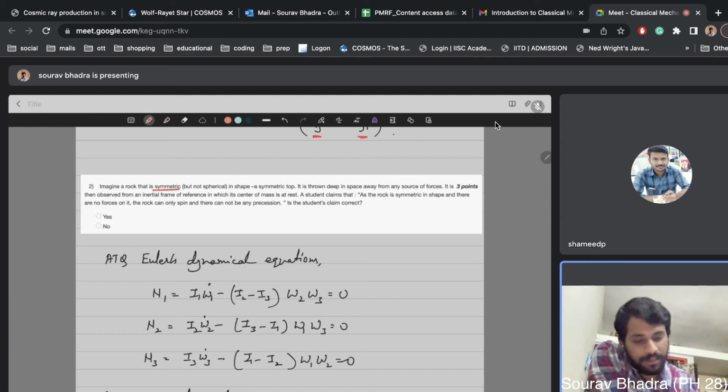So it is a symmetric top, and it is thrown deep in space away from a source of force. So there is no force, and it is then observed from an inertial frame of reference in which its center of mass is at rest. That means in that inertial frame of reference, the body is at rest.